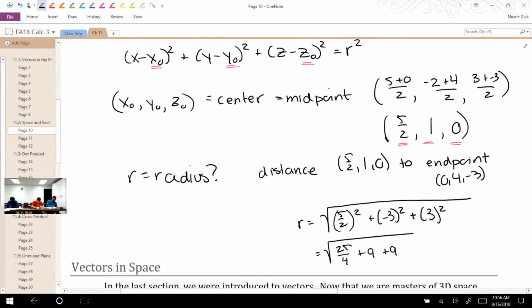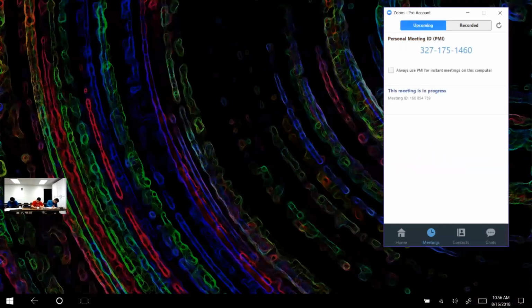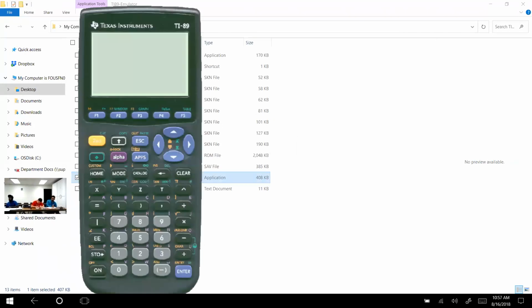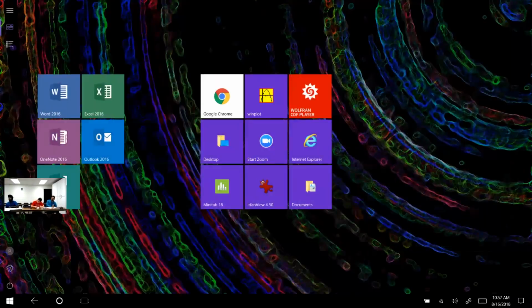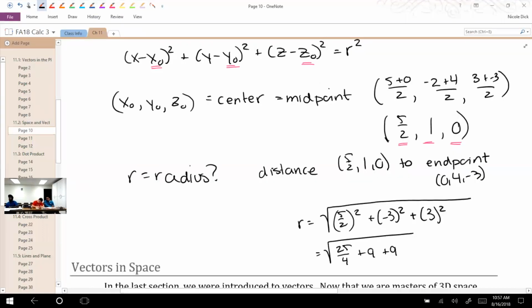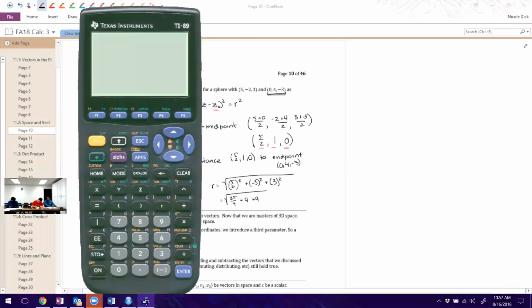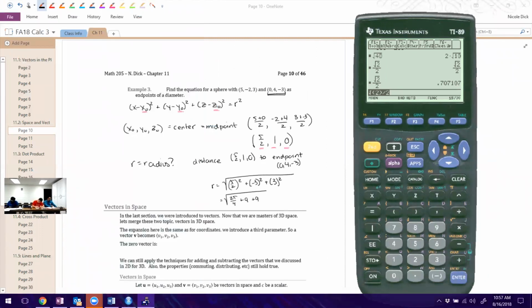I'm just going to use a calculator for this. Okay. So just for that square root, we're going to have 25 divided by 4 plus 18. So that's a square root of 97.